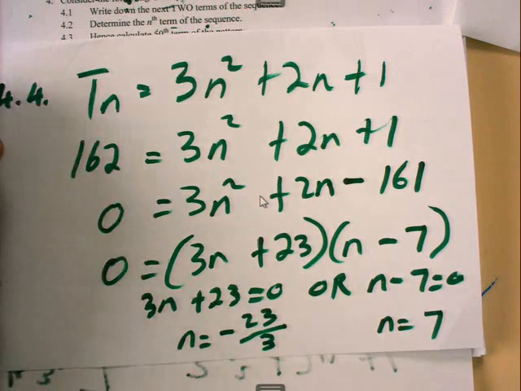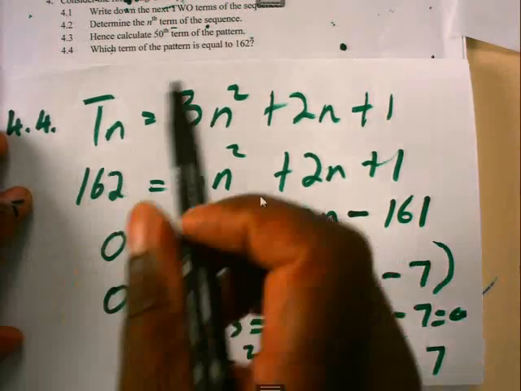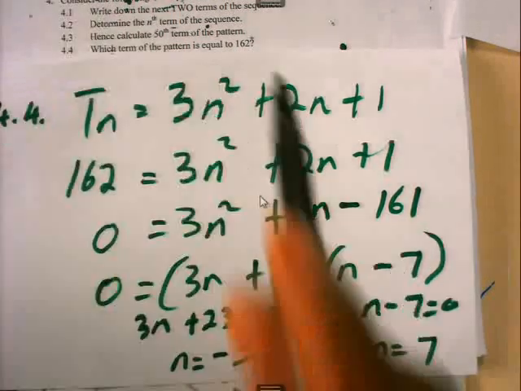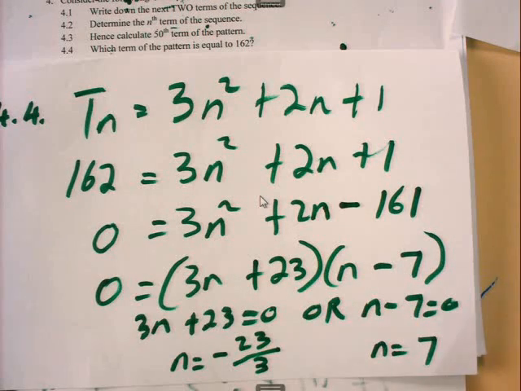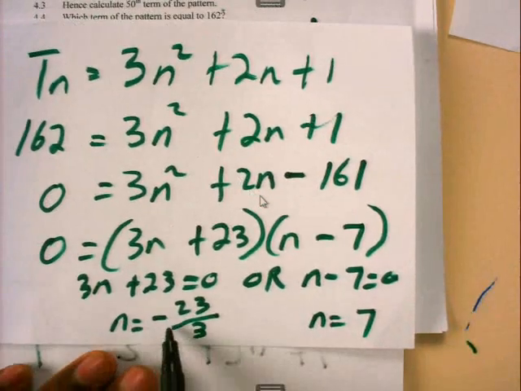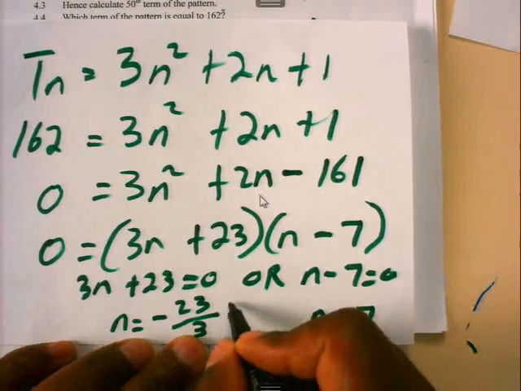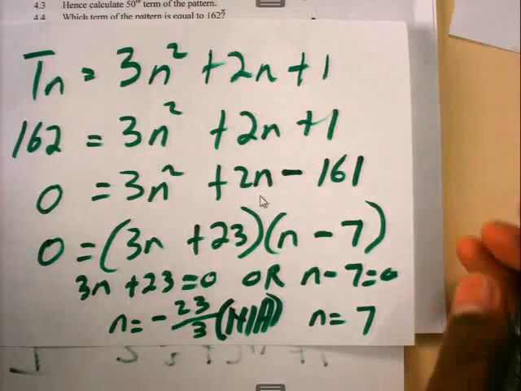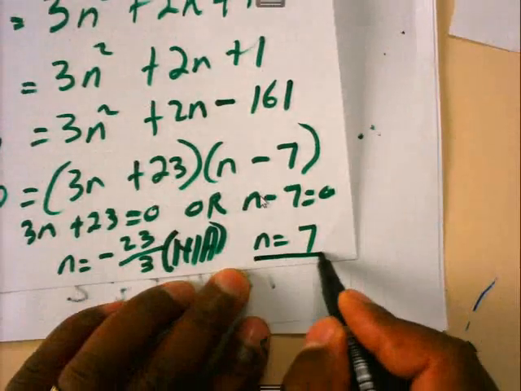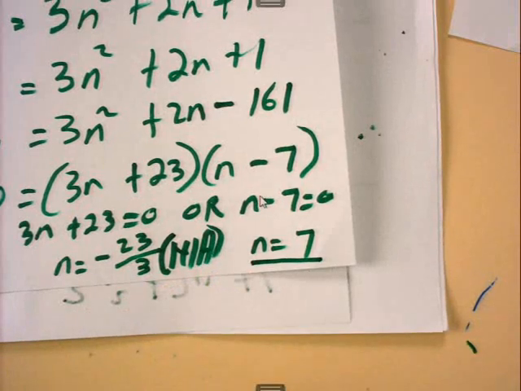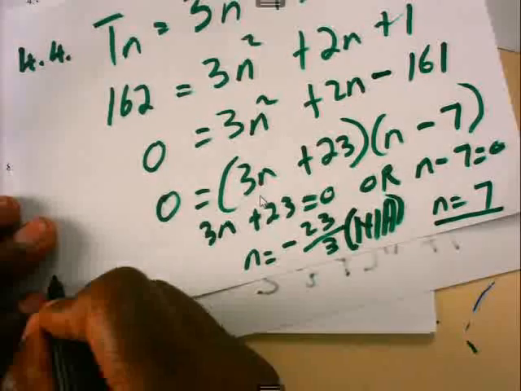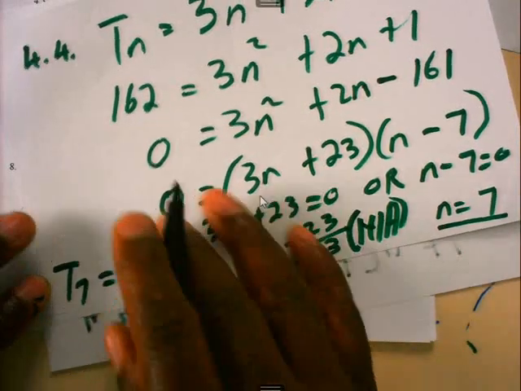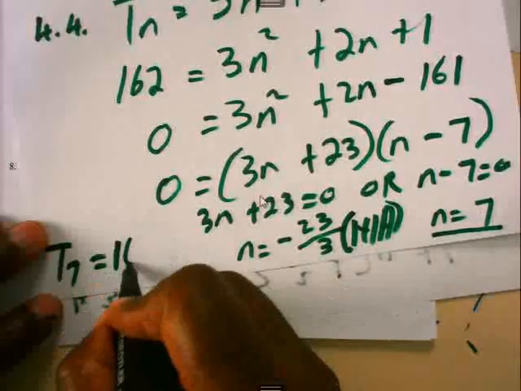But the question states, which term of the pattern is equal to 162? n in this case indicates the position of a term in a sequence. So we can never have a position as minus 23 over 3. It doesn't make sense, so you rule it out. It's not applicable. The only solution here is n equals 7, meaning term number 7 is the one that is equal to 162.